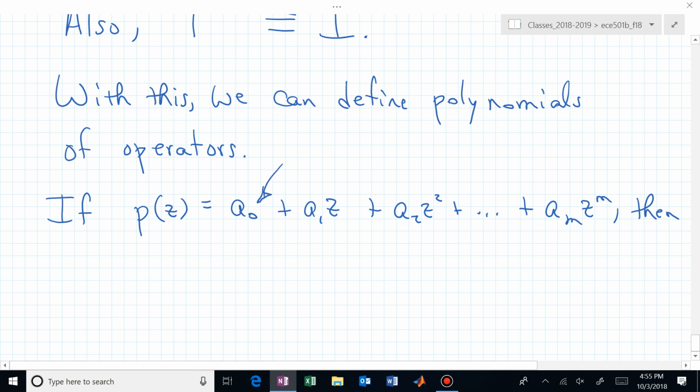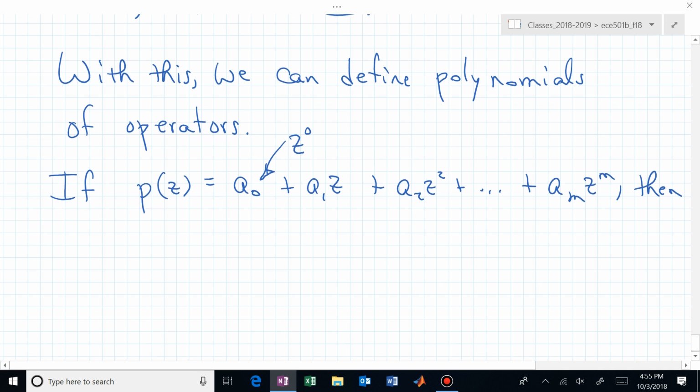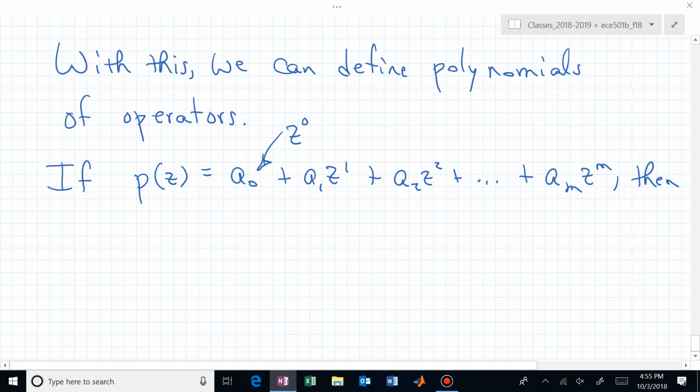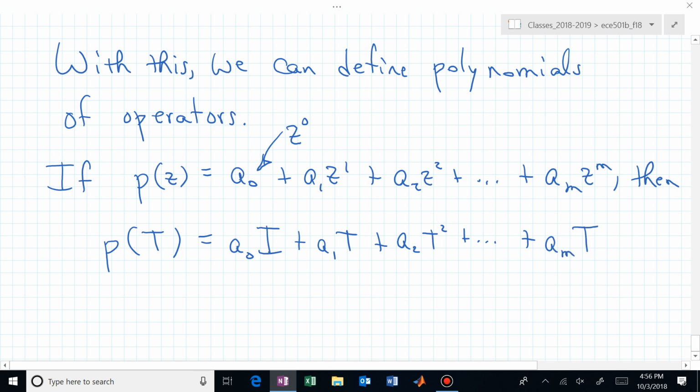And here I hope it's clear that this is z to the 0, that's 1, and this is z to the 1. Then that polynomial applied to the operator T can be built as a sub 0 times the identity operator, plus a sub 1 times T, plus a sub 2 T squared, and we've now defined what we mean by T squared, up to a sub m T to the m.